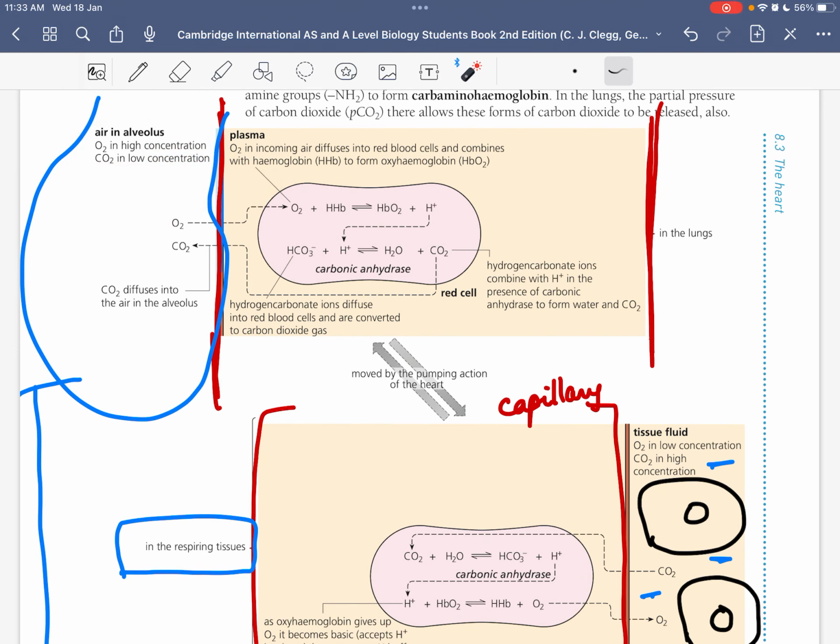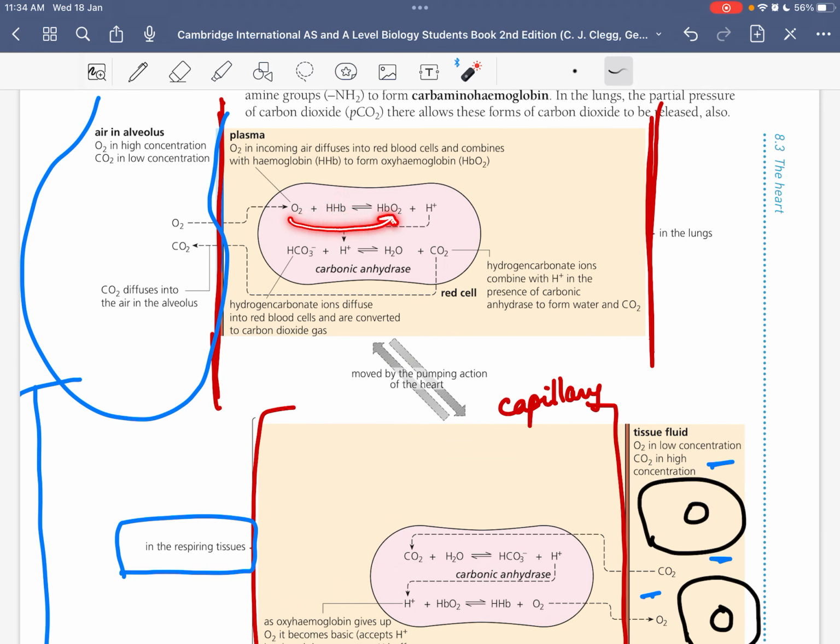So look what's happening. Oxygen high, right? So it's moving from the air in the alveolus into the capillary. It will first cross the capillary wall, then it will cross the membrane of the red blood cell. Where is the oxygen going? Oxygen is going to displace this. The hemoglobinic acid that was found in the red blood cell will now be broken down. Why? Because this oxygen needs to bind to hemoglobin.